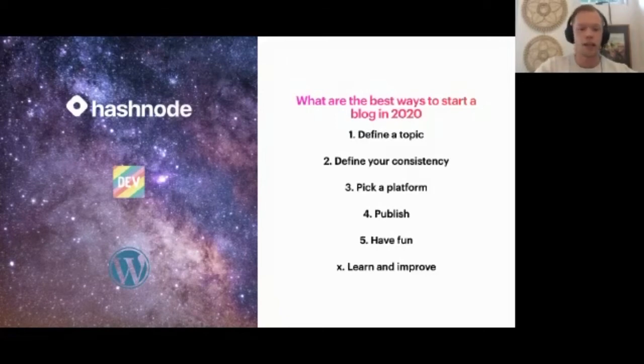And then you go back and edit your article. Also in structure, it doesn't have to be perfect. You can go back and change it and maybe see what works better even. So for me, those are the best ways to start a blog. So define a topic, define your consistency, pick a platform, publish, have fun, and improve.